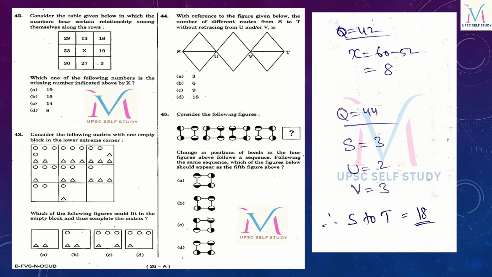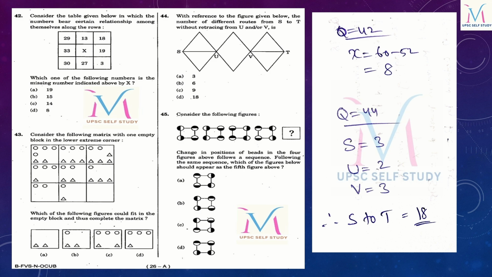And coming to question number 45, consider the following figures. Change in position of the beds in the four figures above follows a sequence. Following the same sequence, which of the figures below should appear as the fifth figure above? Okay, in all the boxes, the black part revolves and it is all completed with one revolution.